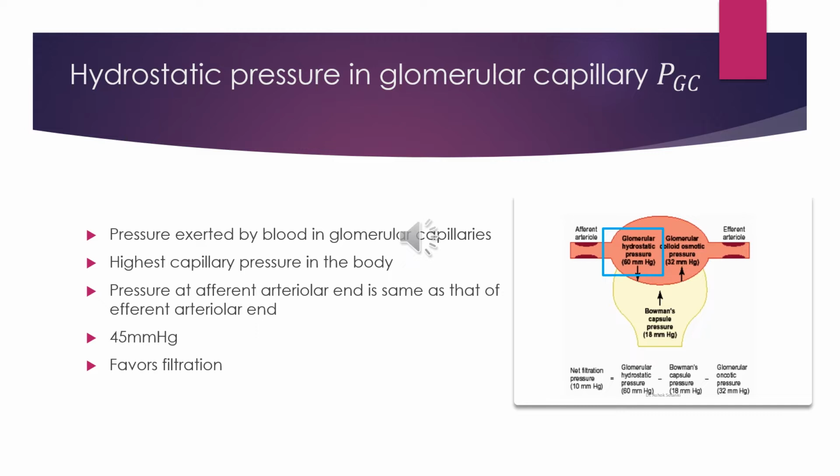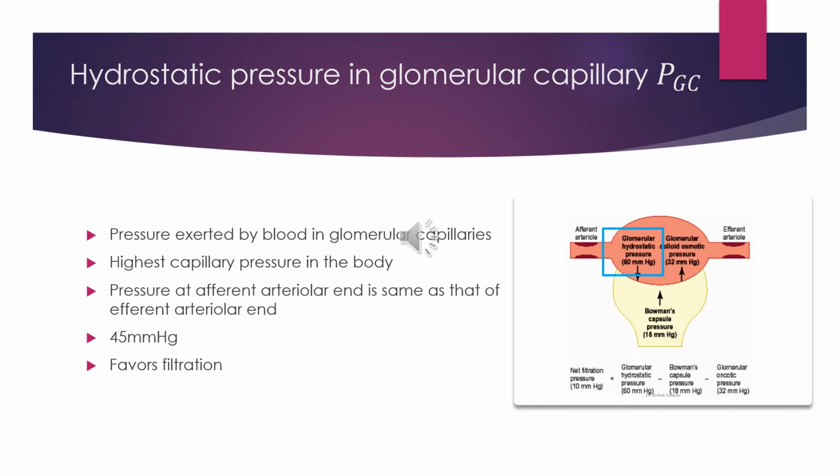And when compared to the capillary pressure in other parts of the body, this glomerular capillary pressure is much higher because the afferent arterioles arise directly from the interlobular arteries and they are short and straight.